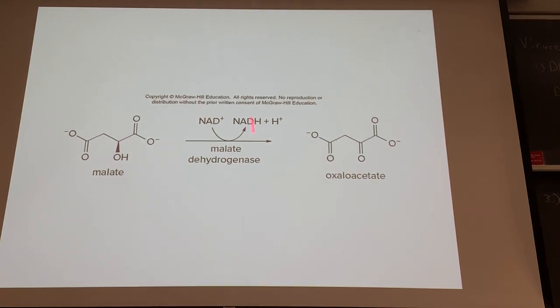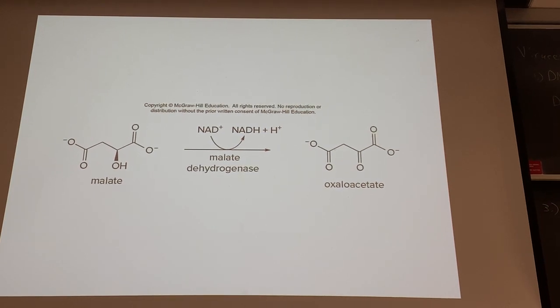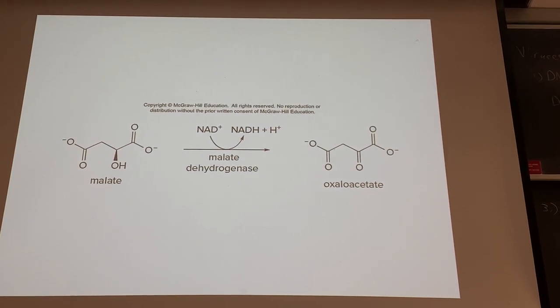The coenzyme, the products from the coenzyme, the name of the enzyme that's used. Dehydrogenase is the biochemistry term for oxidation because you're removing hydrogen. That's one of the ways that we can oxidize a molecule. And here we're oxidizing the alcohol of malate into a ketone of oxaloacetate.